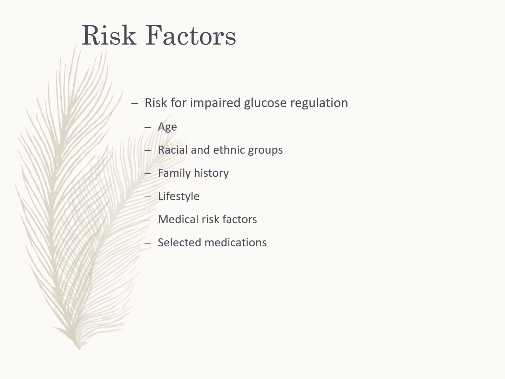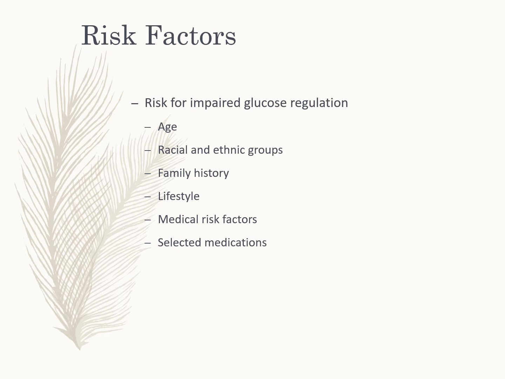So all pregnant women are actually screened for gestational diabetes during the 24 to 28 week gestational mark. For infants, the large for gestational age infant is at high risk for hypoglycemia after birth. The prevalence of neonatal hypoglycemia is also higher among infants whose mothers had diabetes during pregnancy.